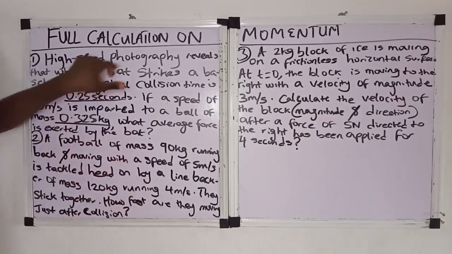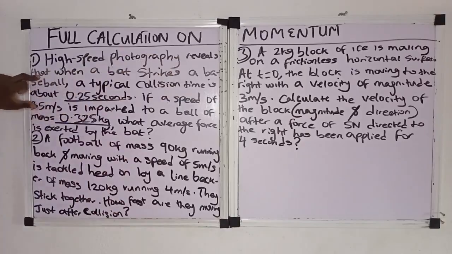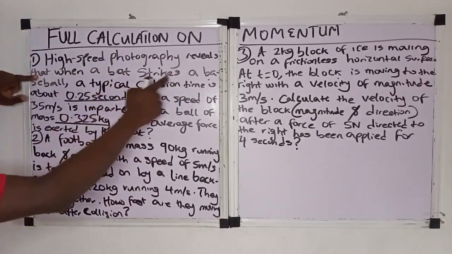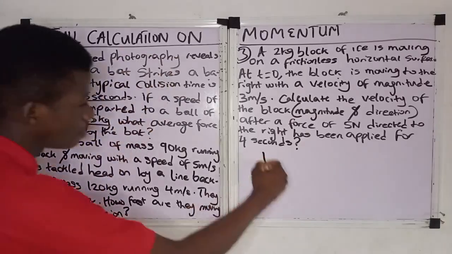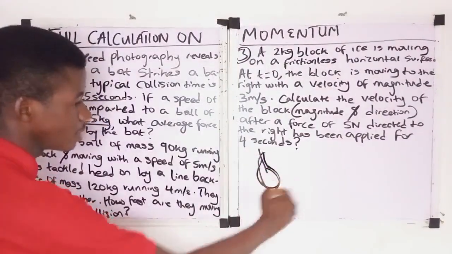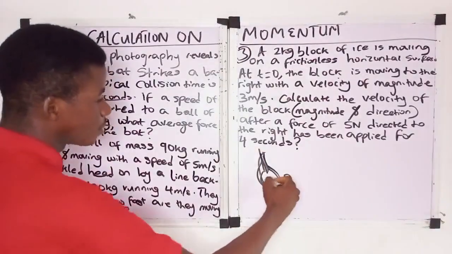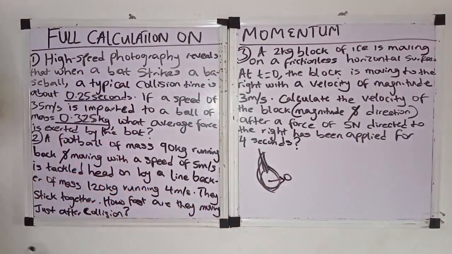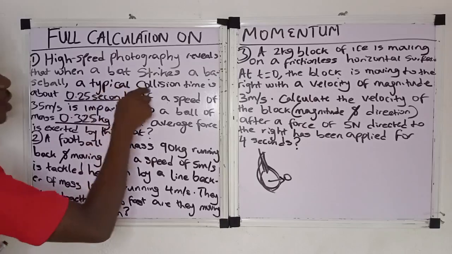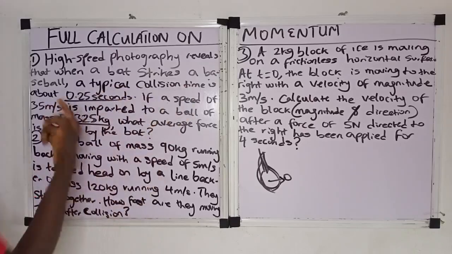High speed photography reveals that when a bat strikes a baseball, let's use the bat, then let's use the baseball. The bat strikes the baseball. A typical collision time is about 0.25 seconds.